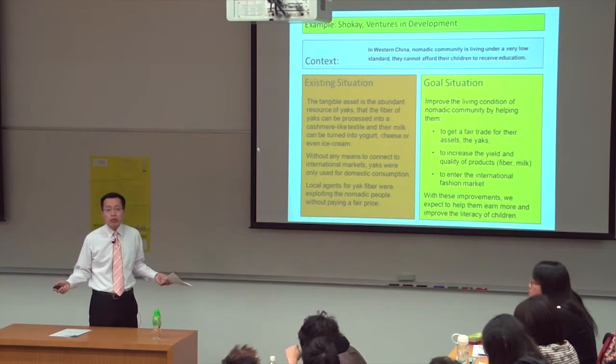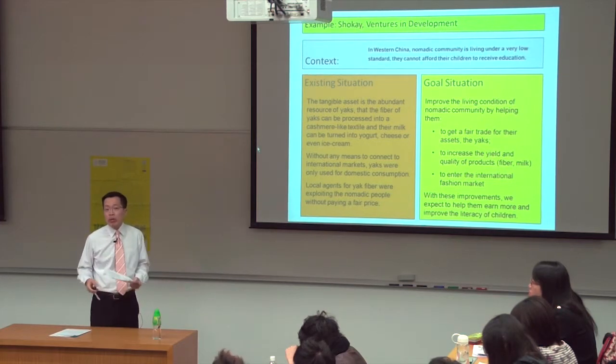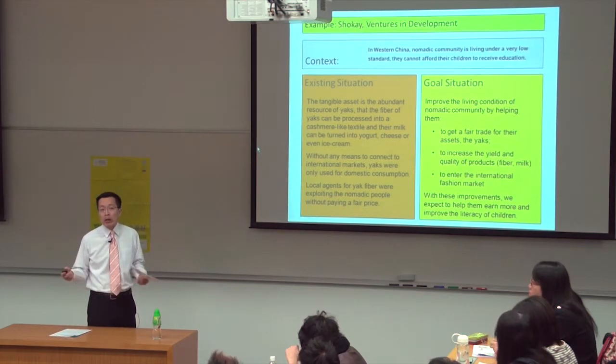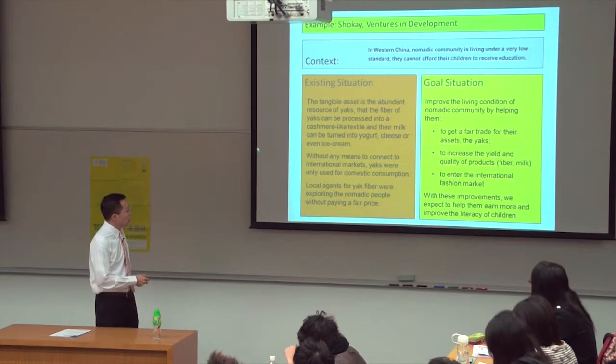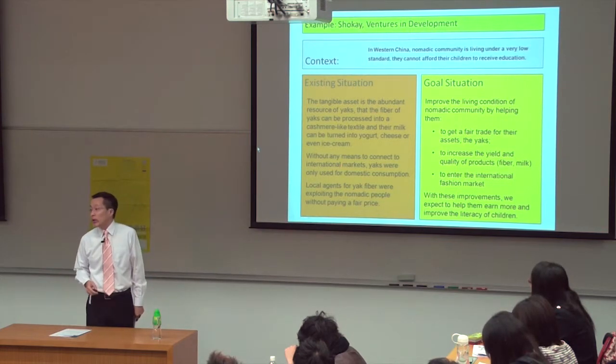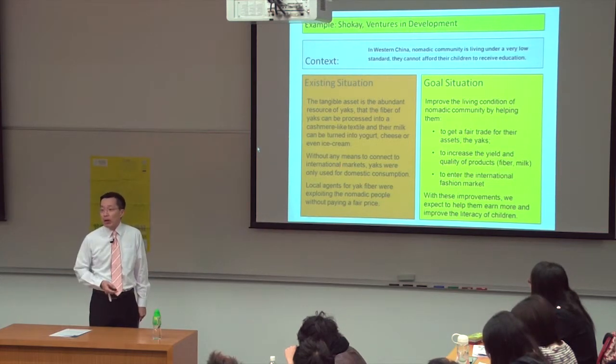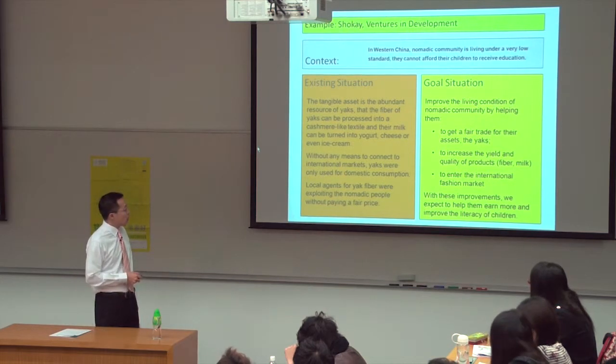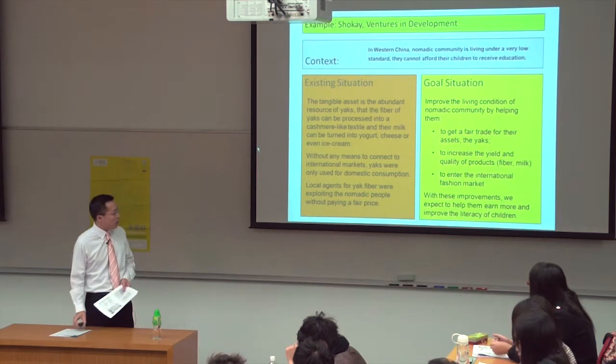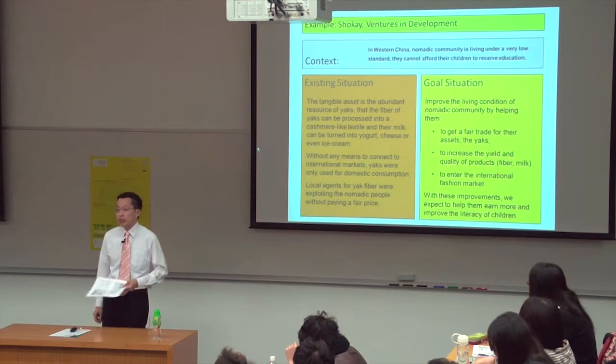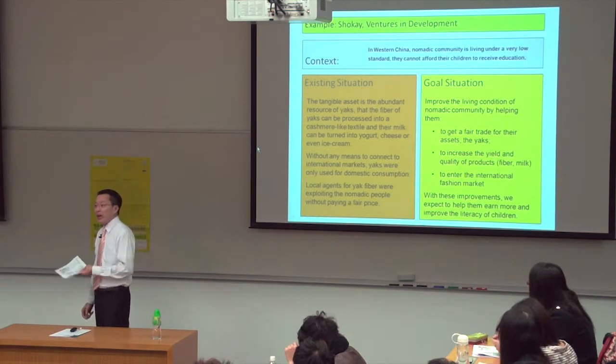They cannot access other information outside their village because they don't understand the world. And they just use the traditional way of agricultural farming. Yaks were only used for domestic consumption, and local agents also exploit the nomadic people without paying a fair price to buy the hair.